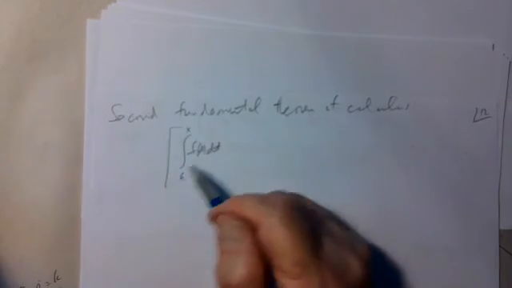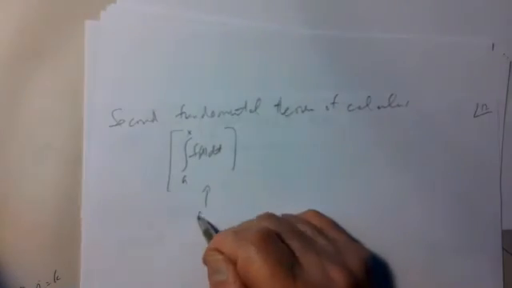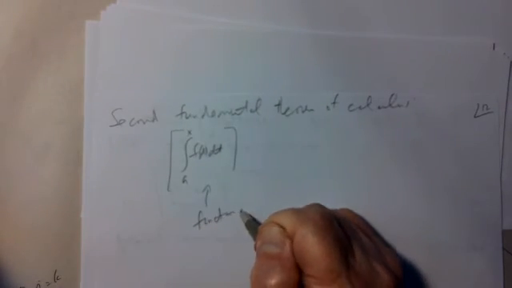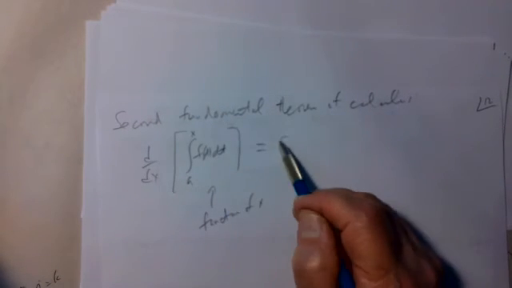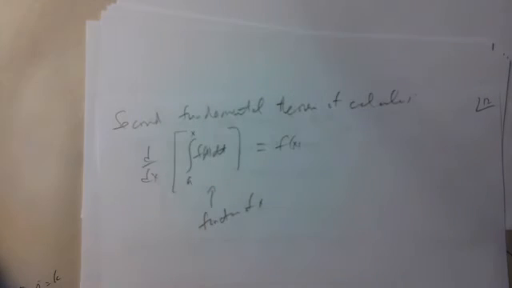So this is some function of x. And the theorem says if you take this function of x and differentiate with respect to x, you just get back the function f of x.